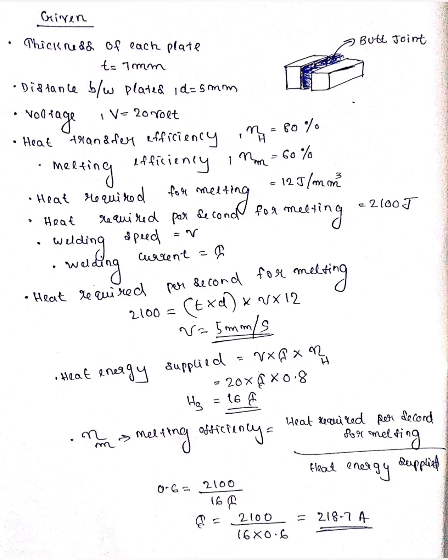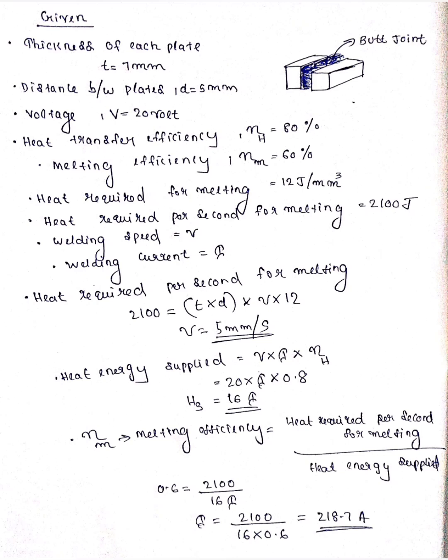So if you check the units of the right hand side, you get joule per second, and that's given in the question. There's one mistake, it is not 2100 joule, it is heat required per second, so it will be 2100 joule per second. So from that equation we get the value of welding velocity as 5 mm per second.